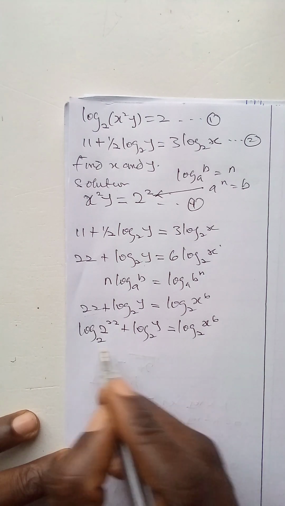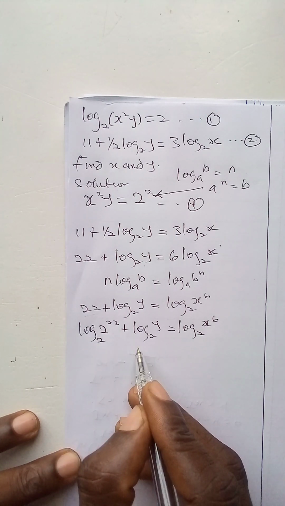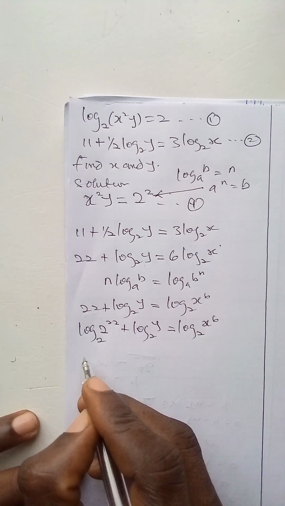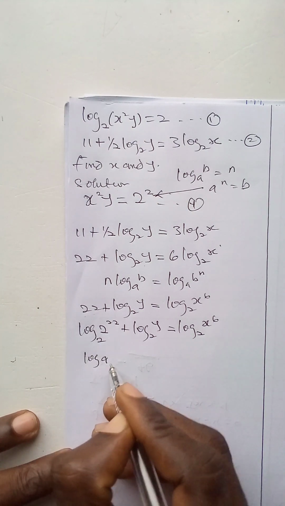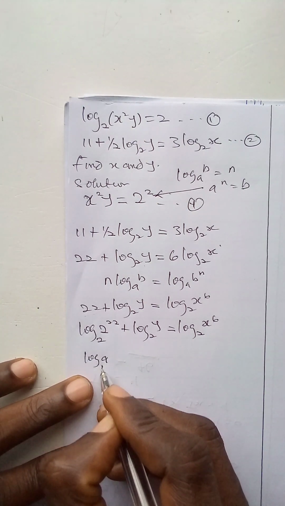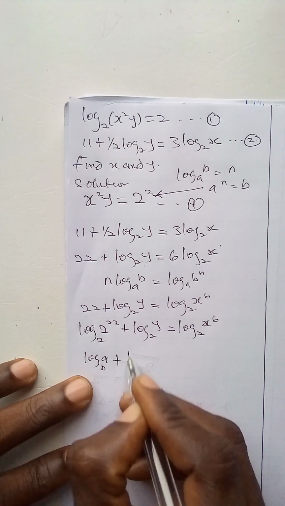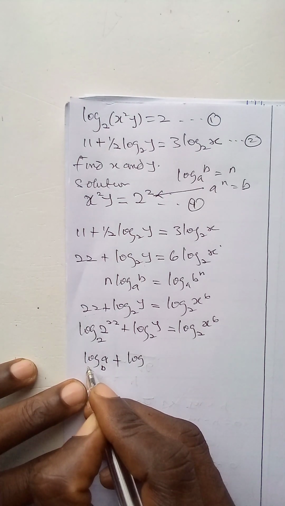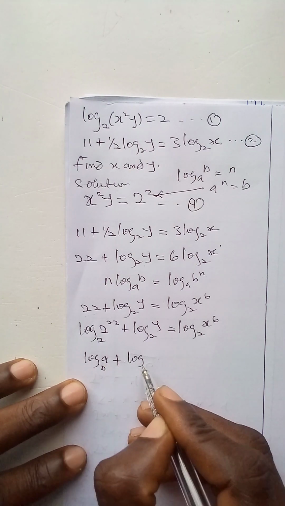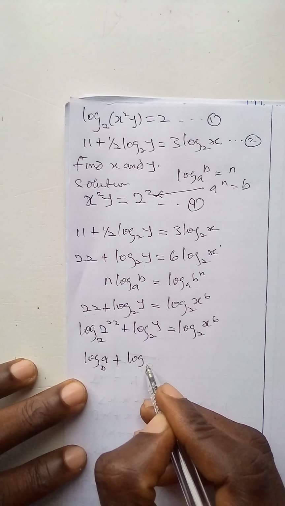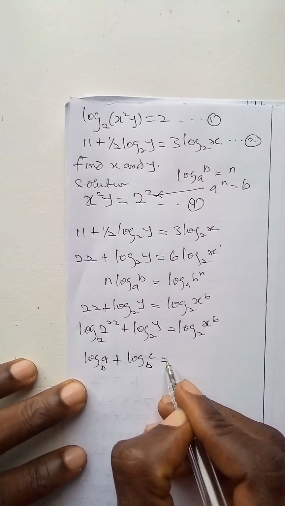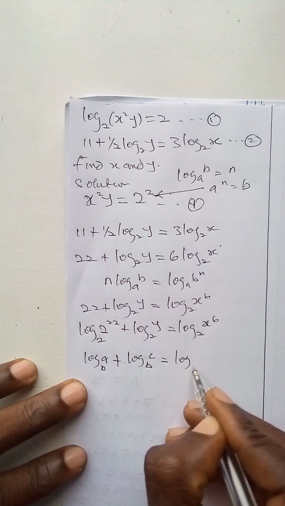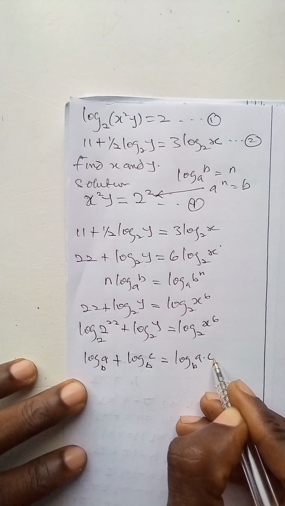Now, what we need to do is to apply the product law of logarithm. If I have log to base b of a plus log to base b of c, I can write it as log to base b of a times c.